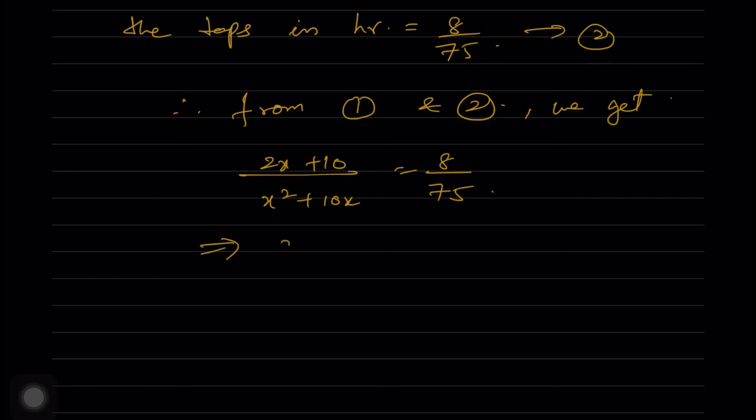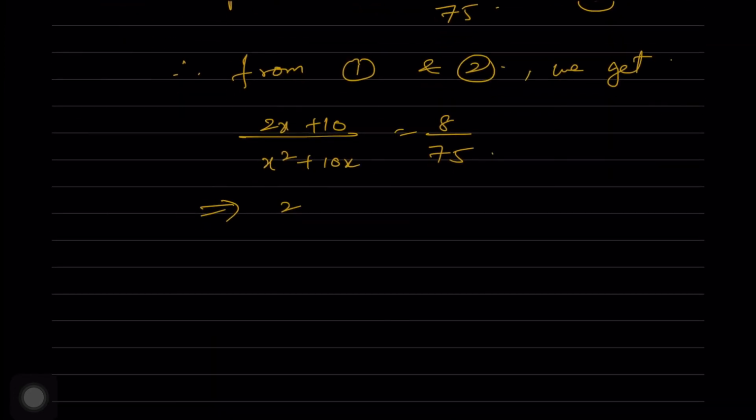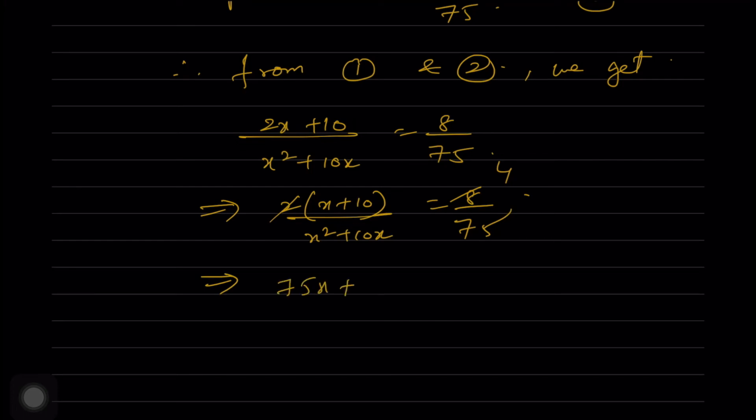So if we take out 2 common here, we'll get x plus 10 divided by x square plus 10x is equal to 8 by 75. 2 ones are 2, 2 fours are 8. So therefore if you cross multiply, you're getting 75x plus 750 is equal to 4x square plus 40x.